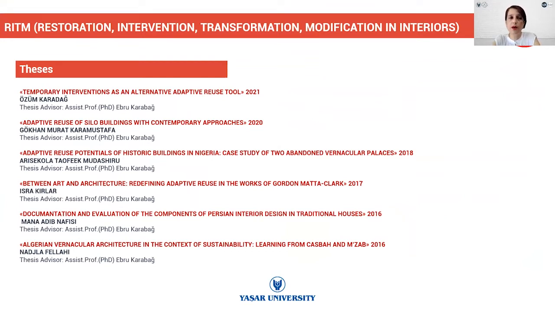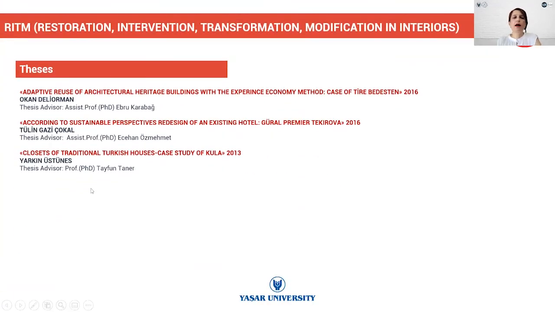Or in 2020, we had a thesis entitled Adaptive Reuse of Silo Buildings with Contemporary Approaches, or Adaptive Reuse Potentials of Historical Buildings in Nigeria, a case study of 2 abandoned vernacular palaces. And you see the other theses produced under this field.